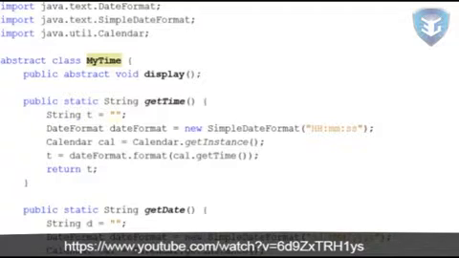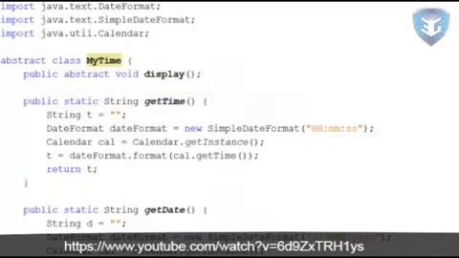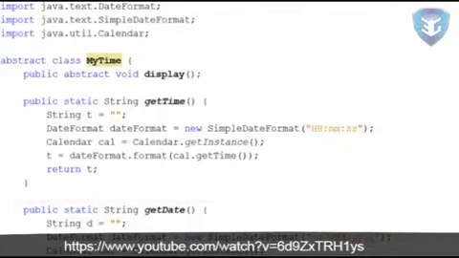So for example, public static String getTime. getTime returns the time in a particular format. And public static String getDate returns the date with the day of the week as well. So that is fairly standard Java.